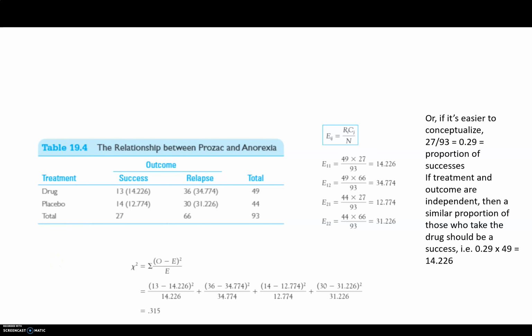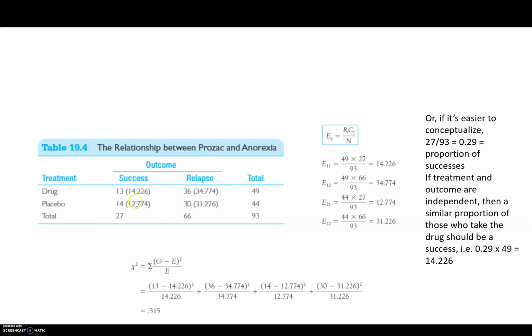Okay, this is continuing where we left off on chi-square. So here I mentioned you could get a bit of a feel for whether you'd get a big chi-square or a small one, just based on how much these differ from the expected counts.